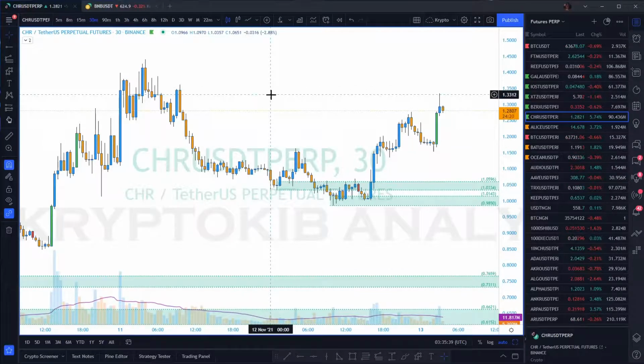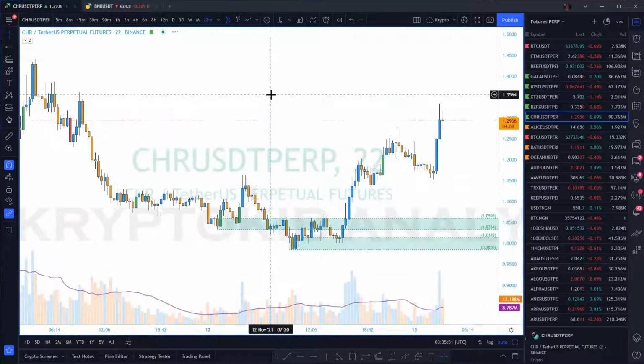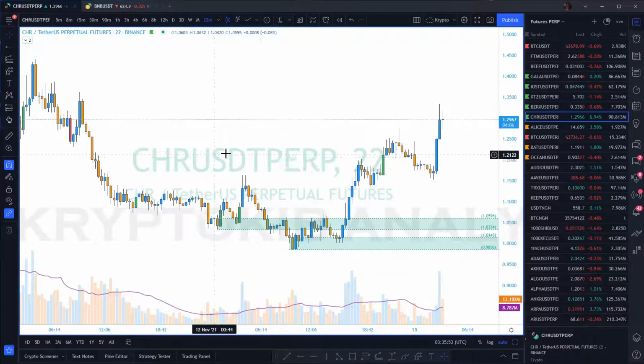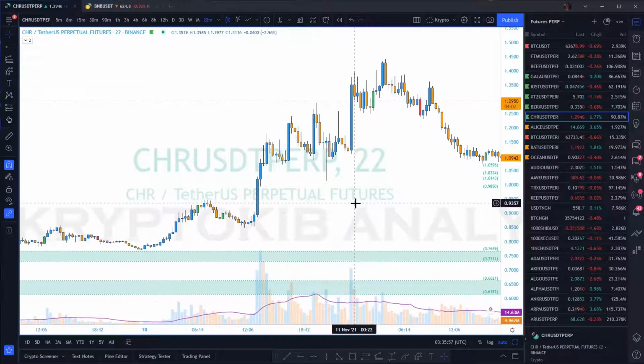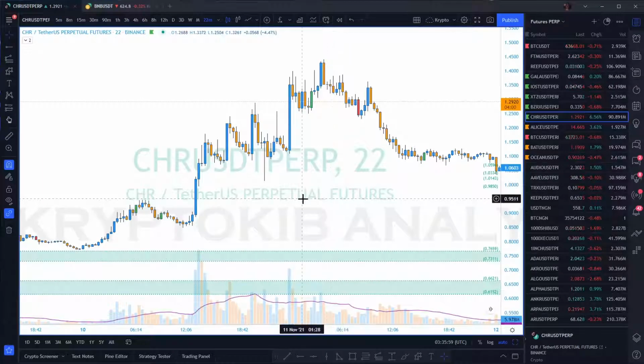And like I used to say, the 30 minutes and the 15 minutes are the same thing, just like the 90 minutes and the 180 minutes, which is the 3 hours, are also the same thing. But 22 seems special as of now. It can change. Okay, let's get to identifying pullbacks.